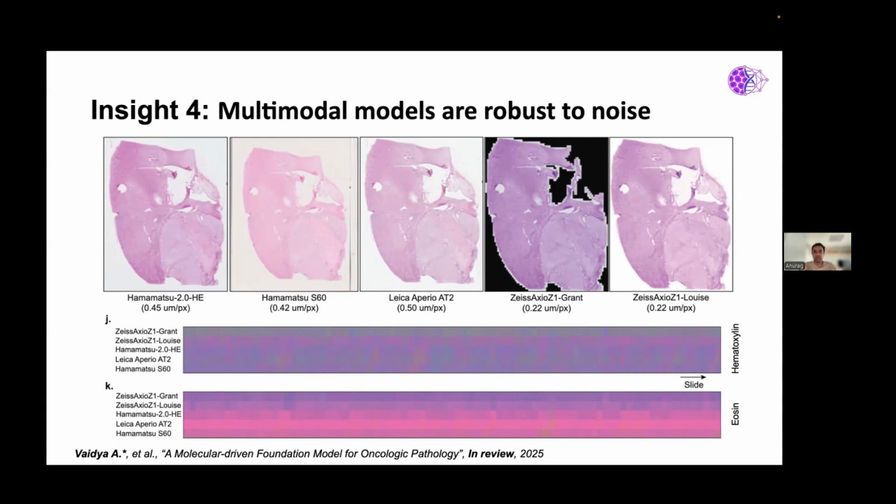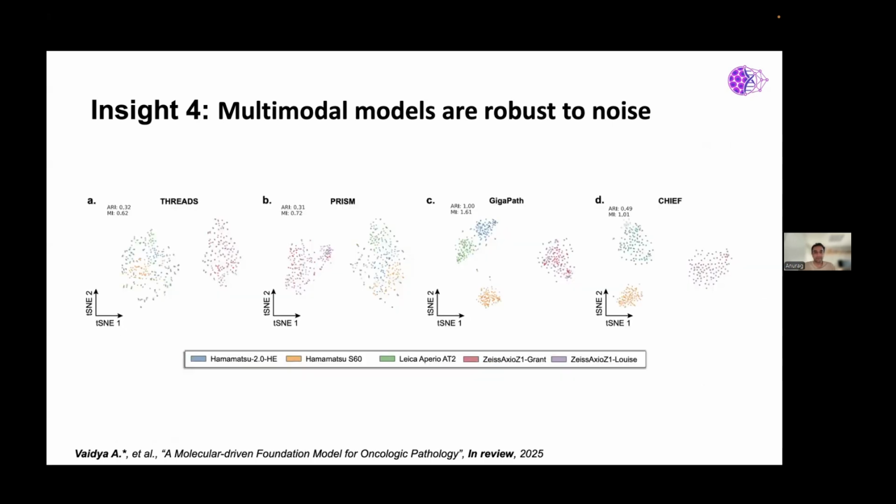Now, if you were to compress these slides using the slide encoders and cluster them by which scanner they were scanned from, if a model is robust to noise, it will lead to bad clustering, whereas if a model is not robust to noise, it will lead to good clustering by the scanner.